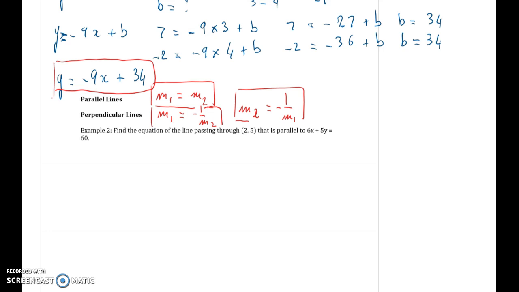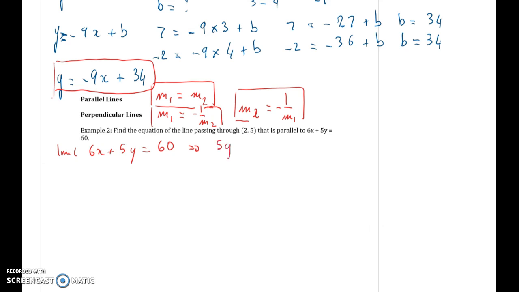All right, so find the equation of a line passing through a point and parallel to another line, where 6x plus 5y equals 60 is the equation of a line. So I have line number 1, which is 6x plus 5y equals 60. The first thing I want to do is express this line as y equals mx plus b.